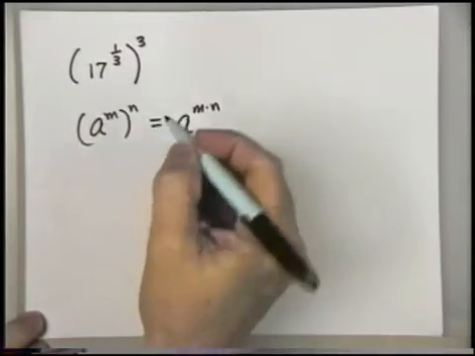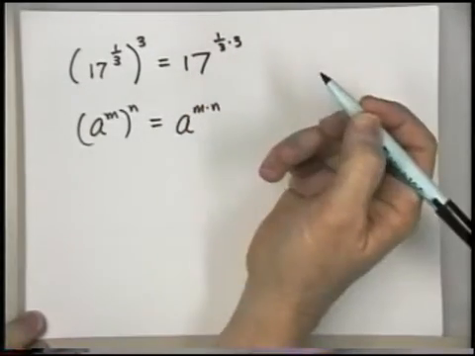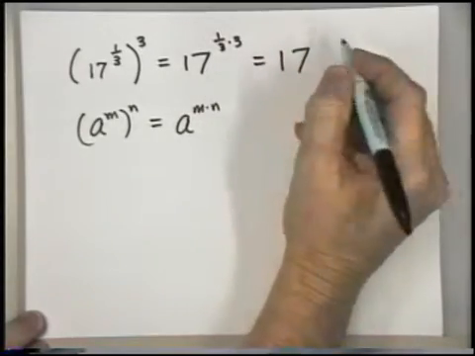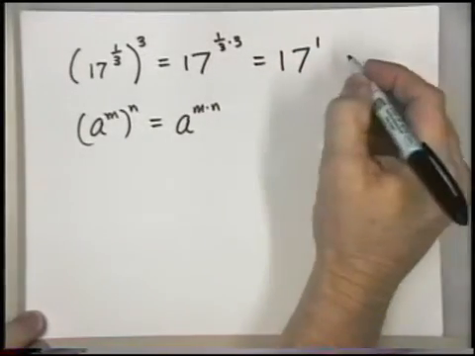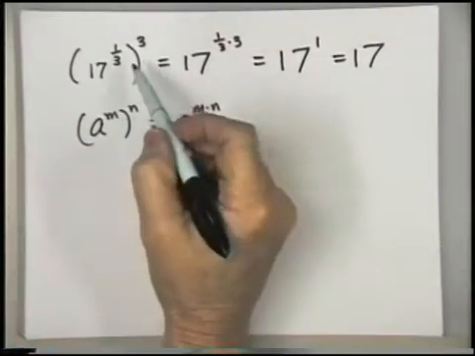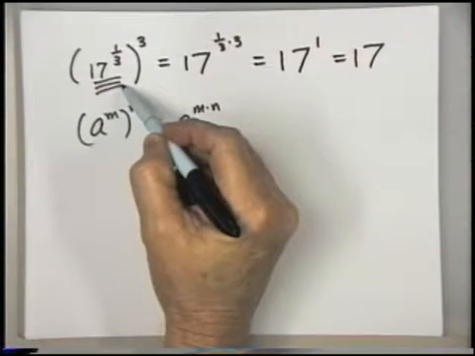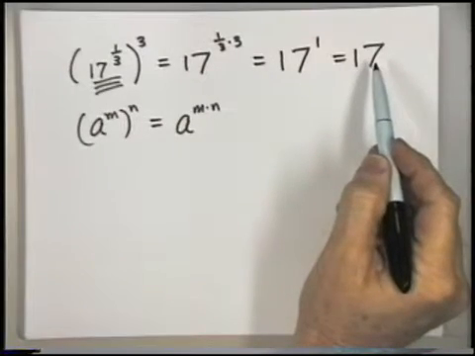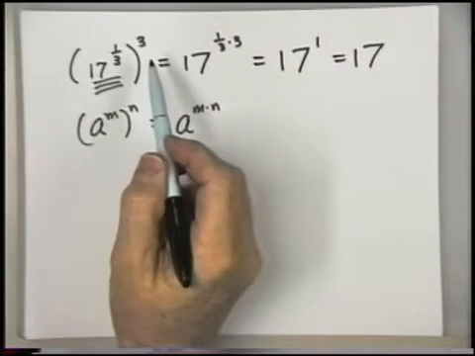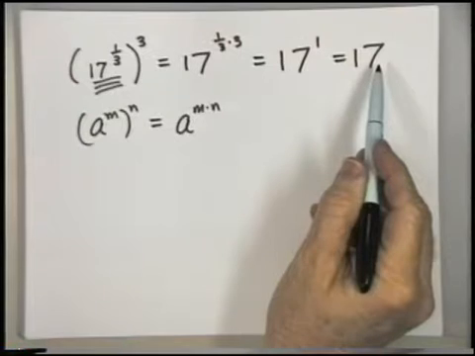According to this law of exponents, that must equal 17 to the 1/3 times 3. And of course, 1/3 times 3 is 1, which is 17. So without even knowing what this number is here, I know what its cube is. I may not know what 17 to the 1/3 is, but I sure know what I get if I cube it. I get 17.